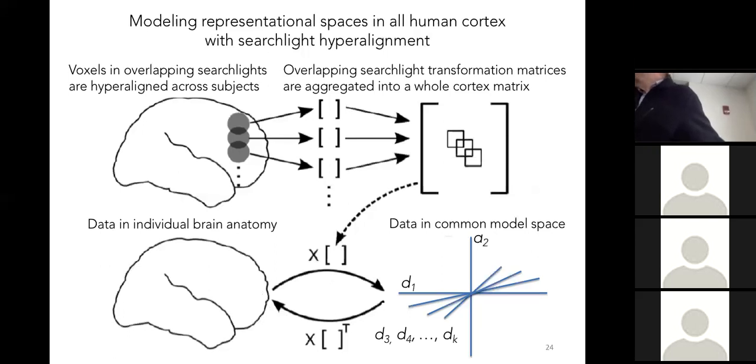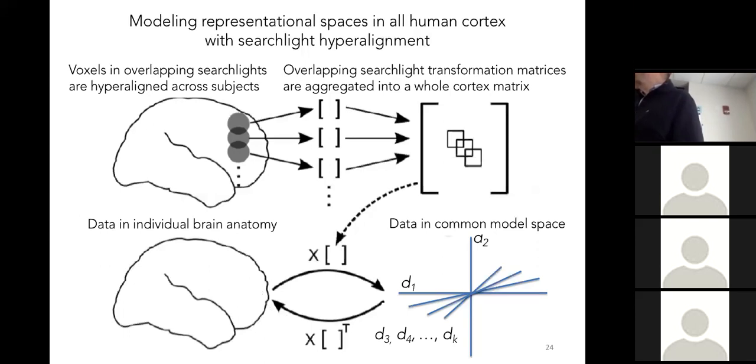So what we do is we calculate the hyperalignment model for searchlights of cortical voxels. So that's the disk of cortical vertices around the center. And we get a transformation matrix for that searchlight. And then we move that searchlight one step over, recalculate hyperalignment, get a new transformation matrix.